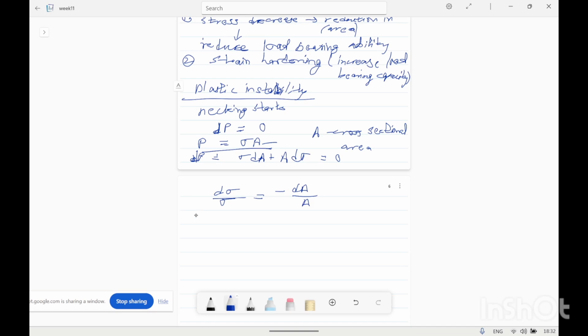As we know, the volume remains constant during plastic deformation.